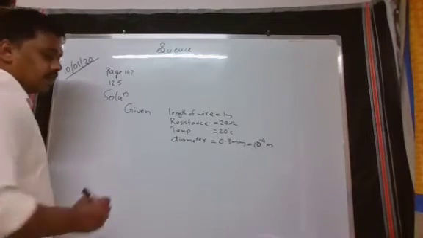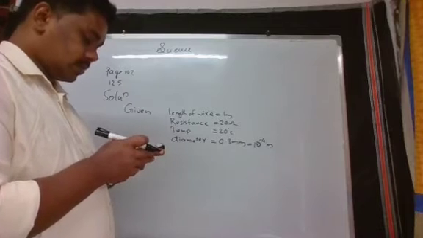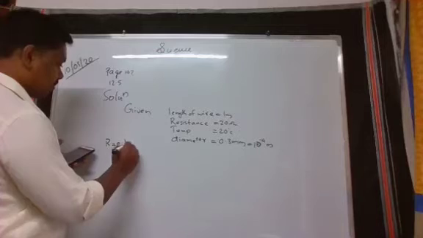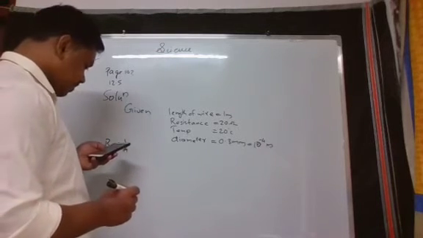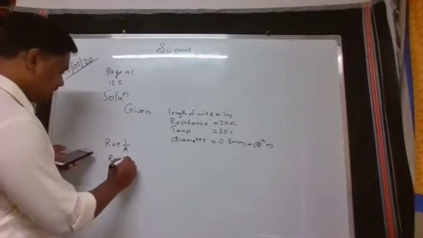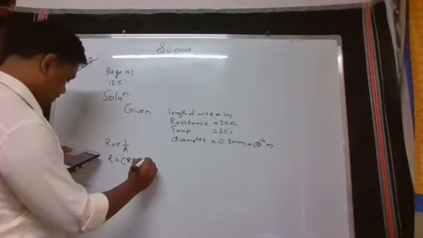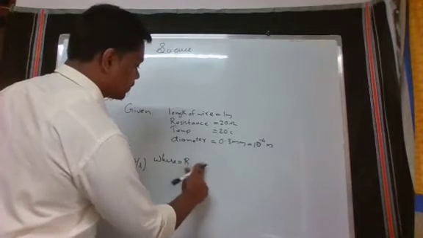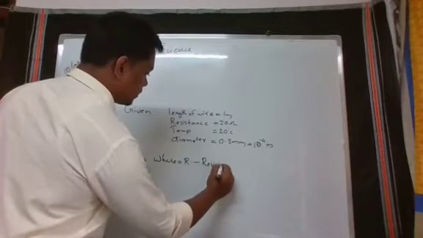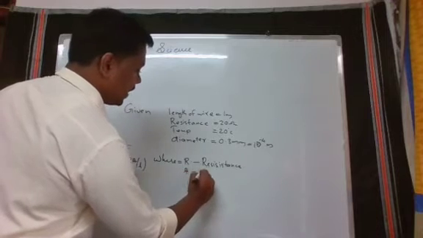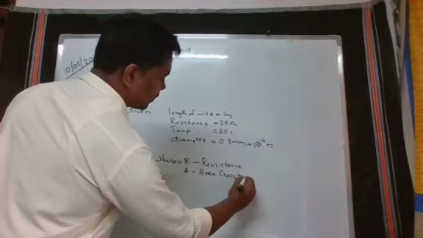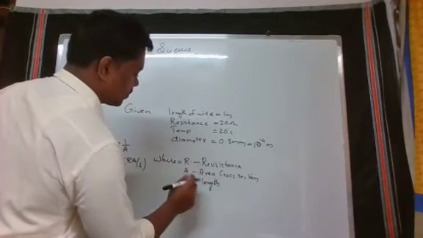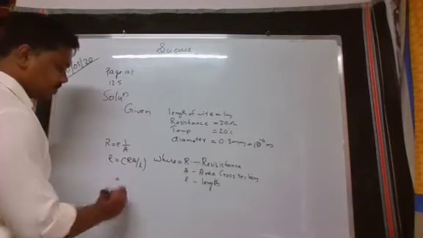Then, from previously, we studied one equation, R is equal to rho L by A. So from that we will get rho is equal to RA by L, where R is resistance, A is area of cross section, and L is length of the wire. Okay, so we are going to apply it here.